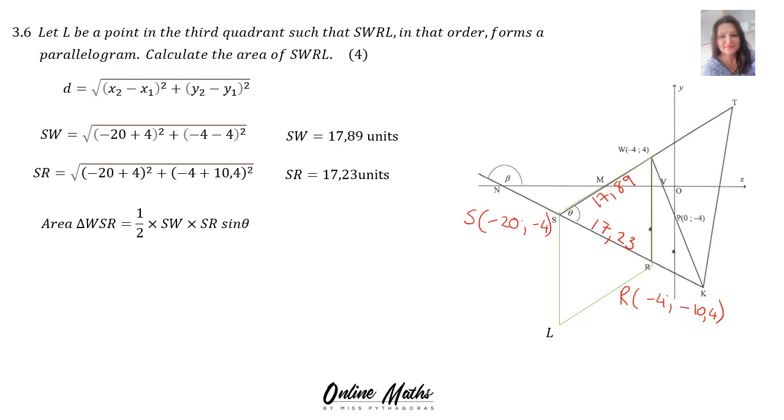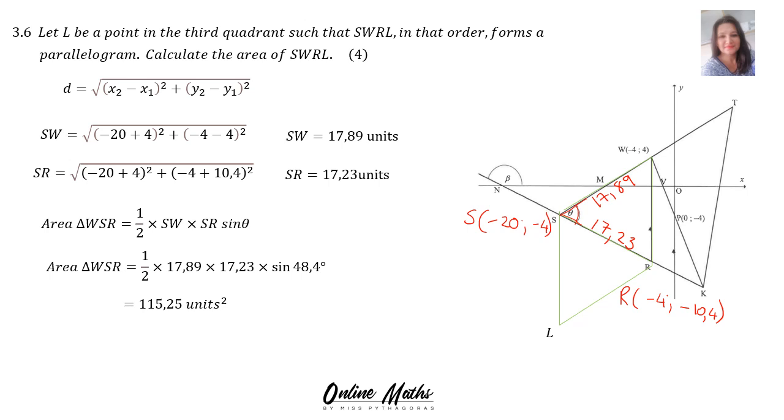And in the previous sum, remember we worked out the size of theta, and theta was 48,4 degrees. So remember, if you want to use the area rule, it has to be two sides and an included angle. So it's half times SW times SR sine theta, the area rule. You slot in the values and you get the area of that triangle WSR is 115,25.